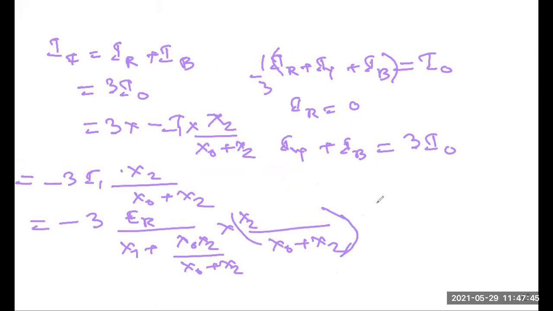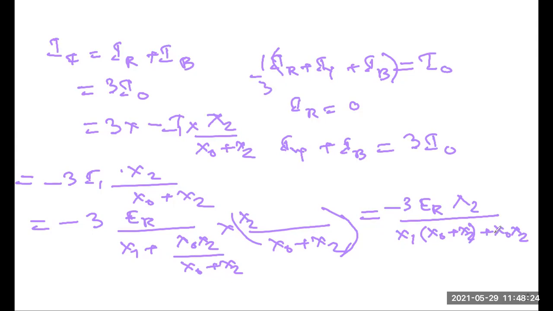Okay. So if you simplify, this will be minus 3ER into X2 divided by X1 into X0 plus X2 plus X0 X2, and this X0 X2 will cancel each other. So finally we'll get minus 3ER X2 by X1 into X0 plus X1 into X2 plus X0 into X2.